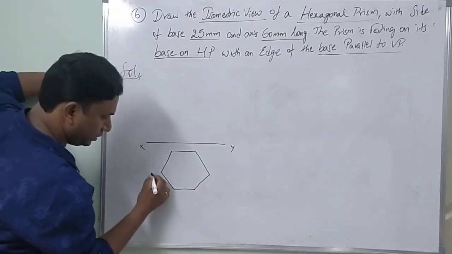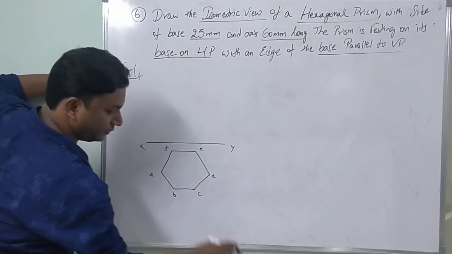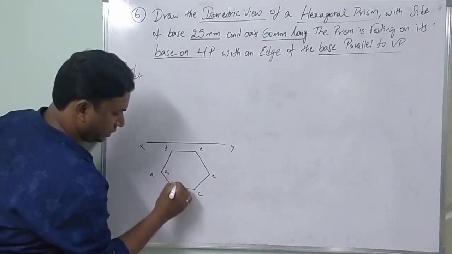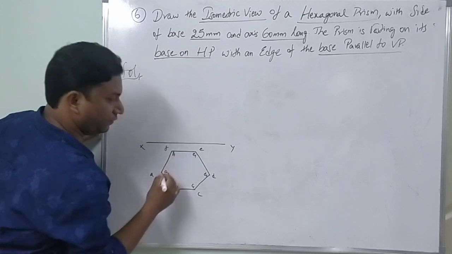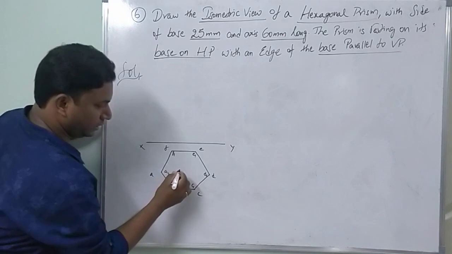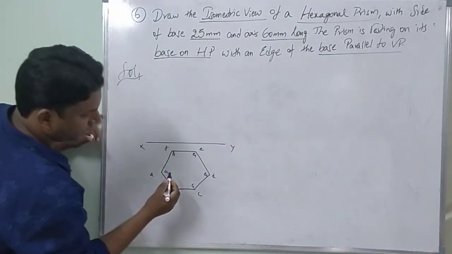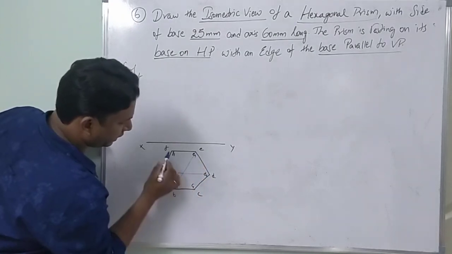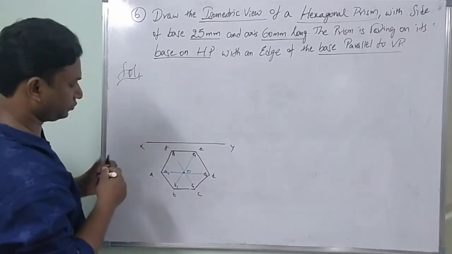Same points as usual, A, B, C, D, E, F. For the bottom I am using A1, B1, C1, D1, E1, F1. Now we have the center or axis center, which will be at the intersection of the diagonals. So with the other type of pencil, try to draw the diagonals. Get that intersection. Here we will get O.